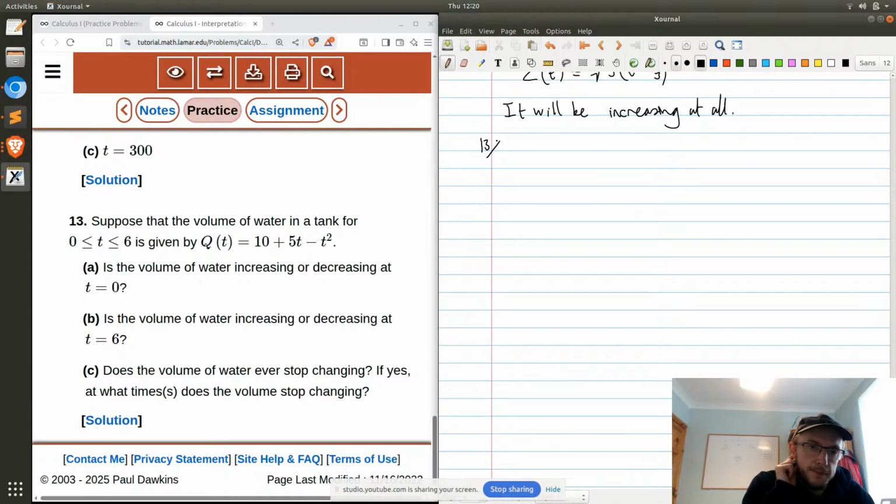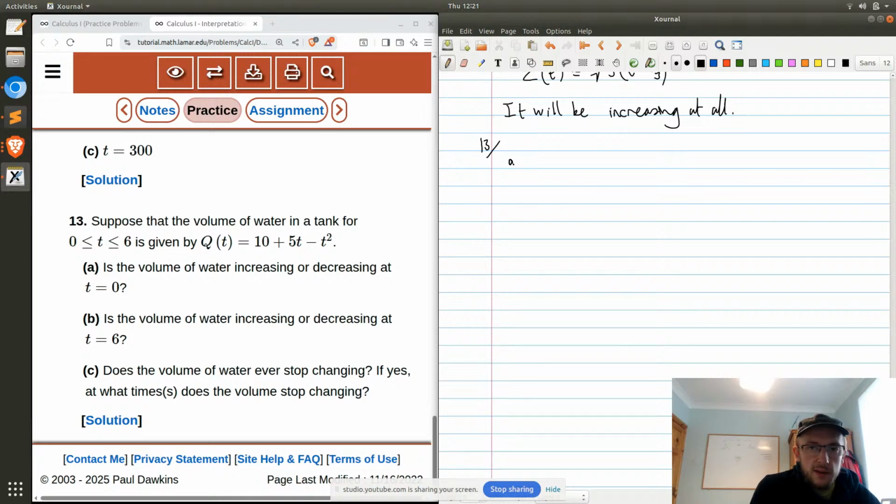So problem 13. Suppose that the volume of water in a tank for 0 to 6 seconds, minutes, who knows, is given by this. Q of t is 10 add 5t, take 2t, take t squared. Is the volume of water increasing or decreasing at t equals 0?